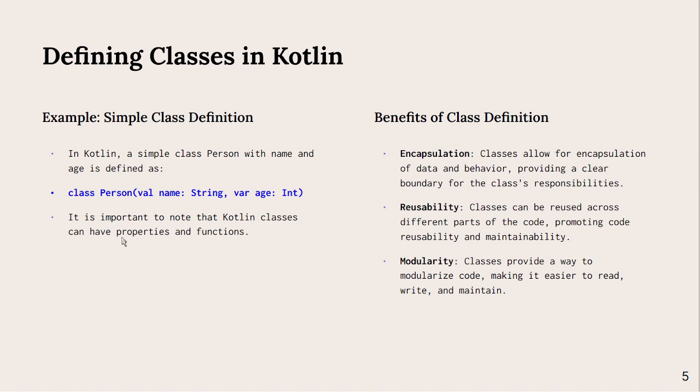Okay, so it is important to know that Kotlin classes can have properties and functions, but sometimes you don't see the exact specification because some of the properties and functions are automatically generated. The benefits of the Kotlin class definition are quite similar to the general object-oriented concepts.